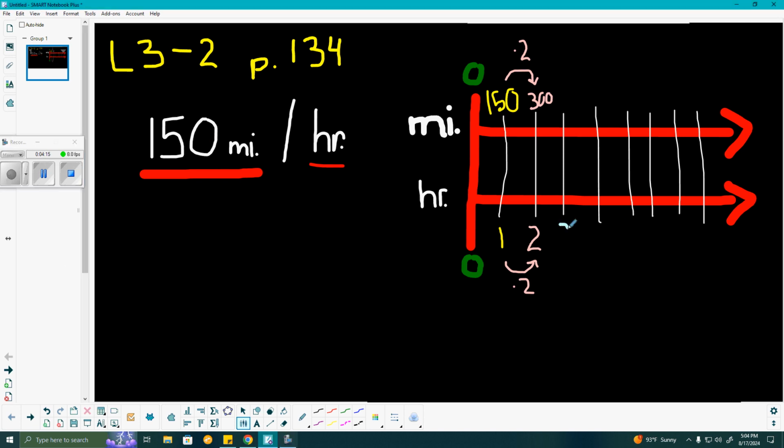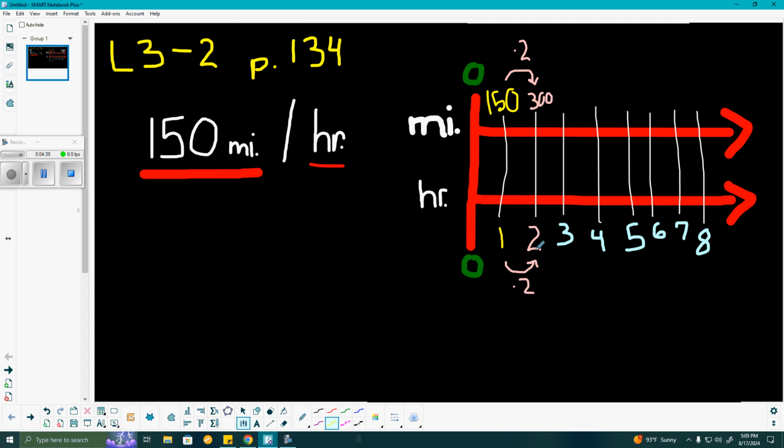If I want to continue increasing the amount of hours the train is going, I would just continue my double number line in intervals of 1. 1, 2, 3, 4, 5, 6, 7, 8. Now I'm only stopping at 8 because that's how far I've drawn my double number line.